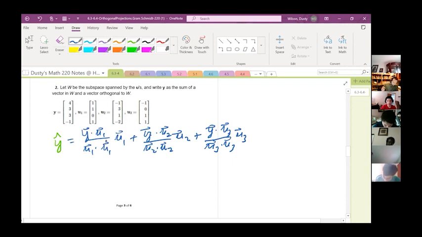And so this gives me my vector in W. That's this one right here. And then we've got to find our vector orthogonal to W. So that would be our Z vector, which would be equal to Y minus Y hat.